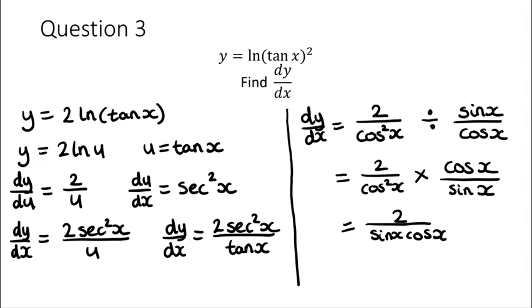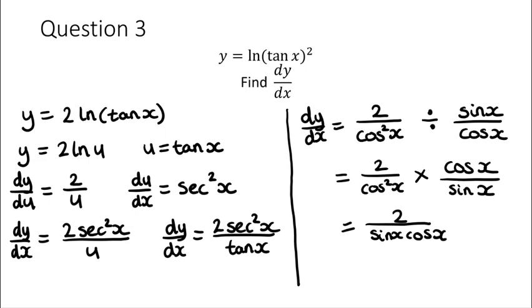Now, whenever I see sine x and cos x together, maybe this is just me being weird, but I kind of have an alarm that goes off. I immediately start thinking about sine 2x in some way, because 2 sine theta cos theta, or 2 sine x cos x, is the same as sine 2x.